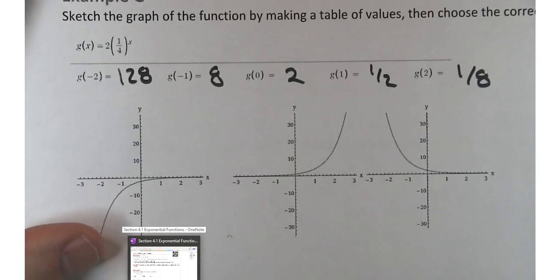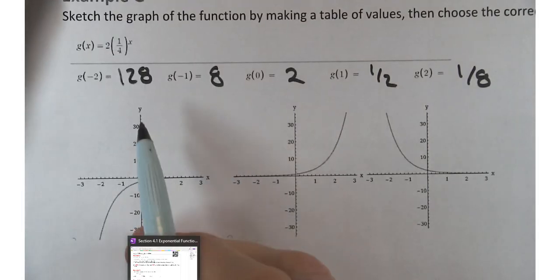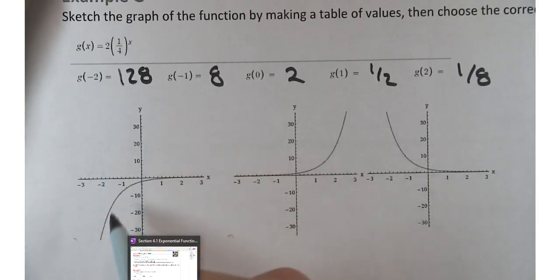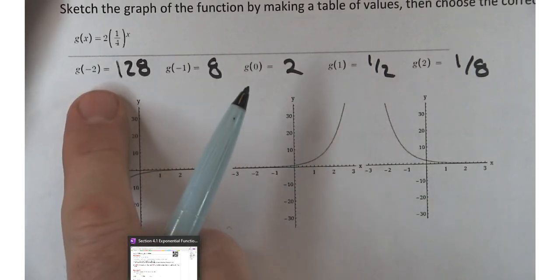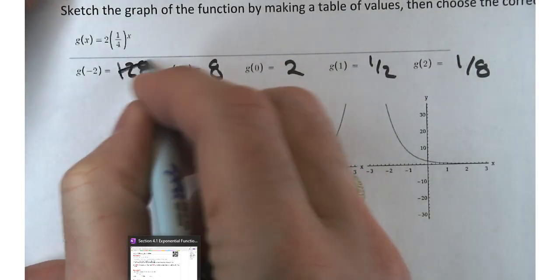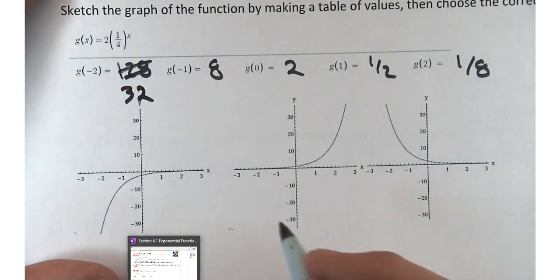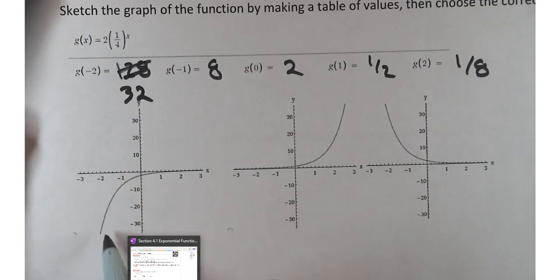Now I would look at these and say, oh, one of these stands out as being the correct one. You can kind of look at these and say, all right, at -3 I should get something around 128. Oh, I put in -3. All right, so at -2, my bad, should be 32? Yes. Okay. Well, I'm getting a negative value here, right?